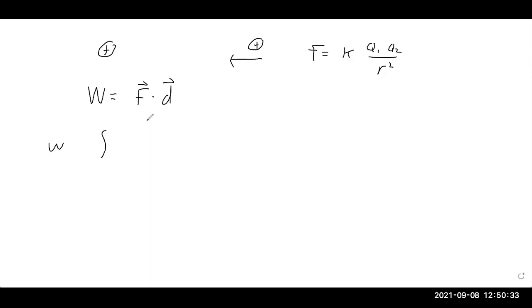That's usually where we set 0 to be. But for just a change, we're just going to integrate from some starting radius to some finishing radius of our force dot dr.